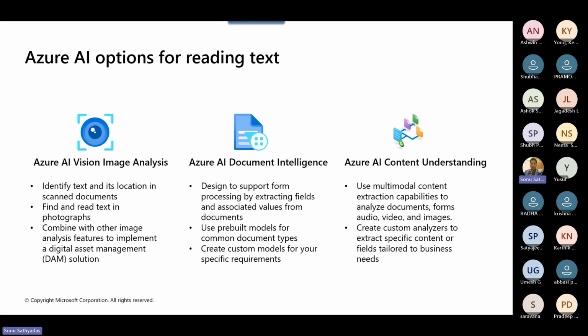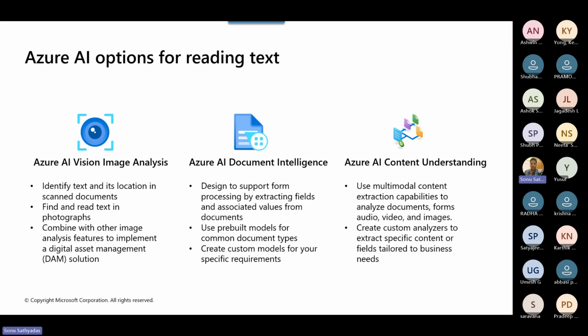So, Azure AI options for reading the text. For reading the text from the documents, Azure is offering multiple services. Okay. So one service is the vision service. Inside the Azure AI Vision, image analysis provides the text reading. Means you can read the printed or handwritten text using the vision service.